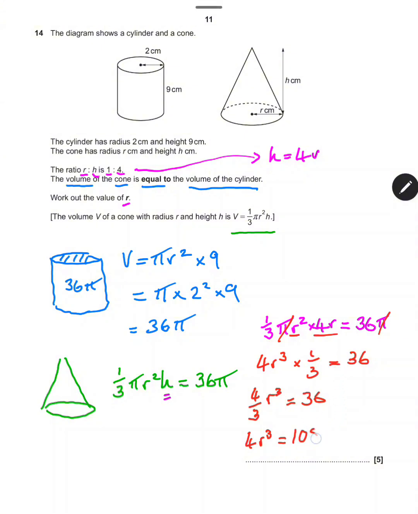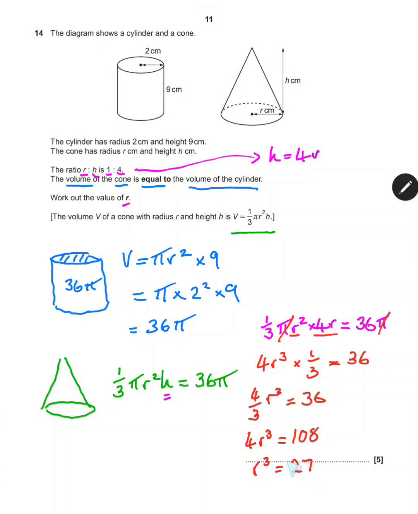That would be 108. If I divide both sides by 4, that'll give me r cubed, and 108 divided by 4, well 100 divided by 4 is 25, and 8 divided by 4 is 2. 25 add 2 is 27.